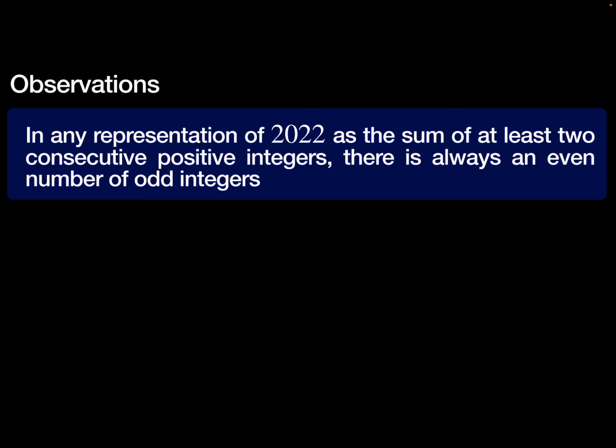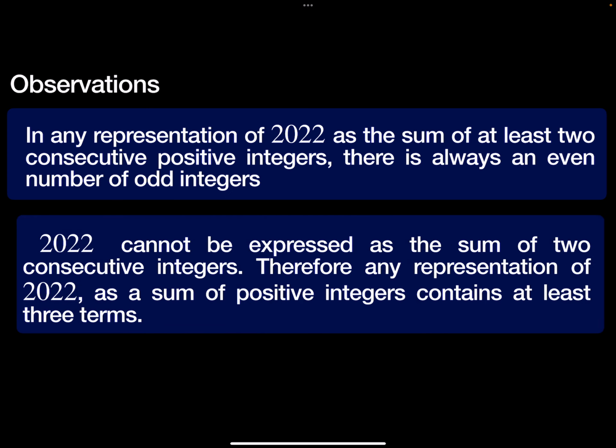But 2022 is even, so that's not possible. We always have an even number of odd terms in the sum. So in particular, this means that we cannot write 2022 as a sum of two consecutive terms. Why? Because if we have two consecutive integers, one of them is going to be odd and the other one is going to be even. So the sum is always odd.